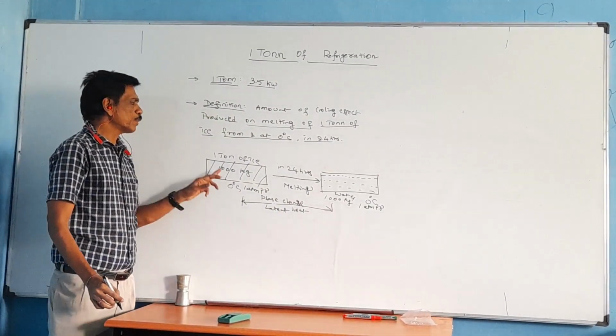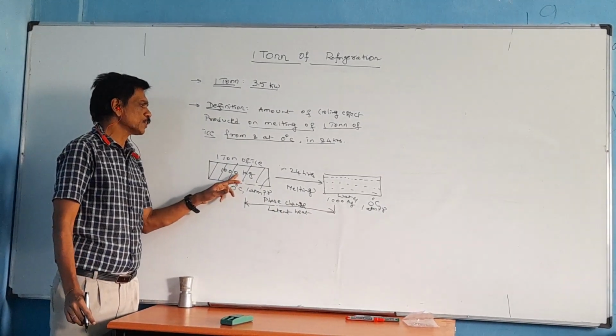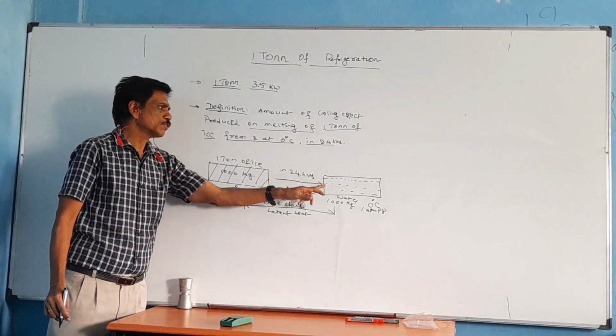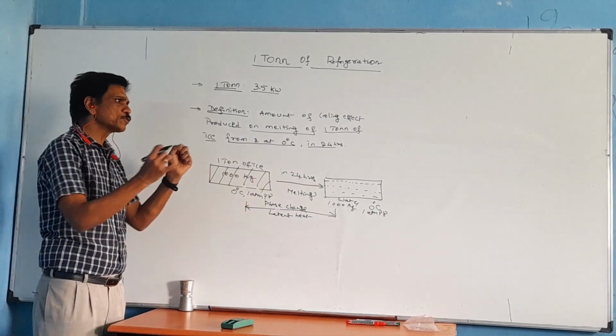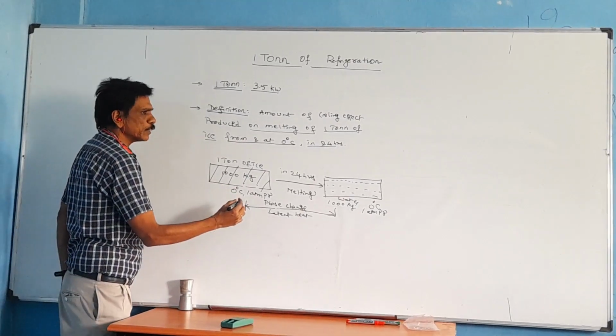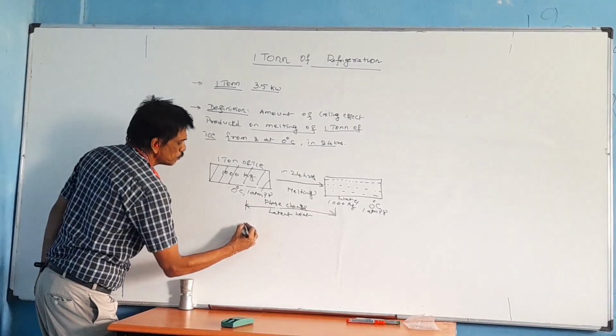Here, assume 1 kg of ice is converted into water. How much heat has been removed for the conversion can be seen from the steam tables.